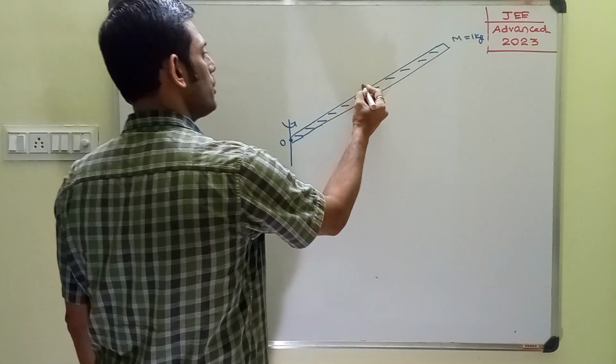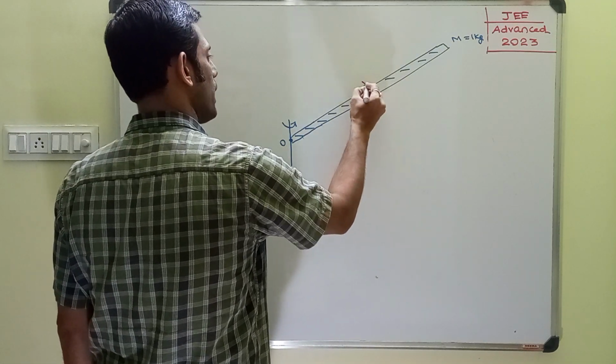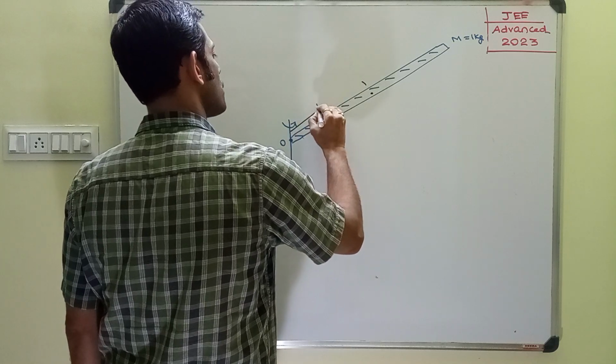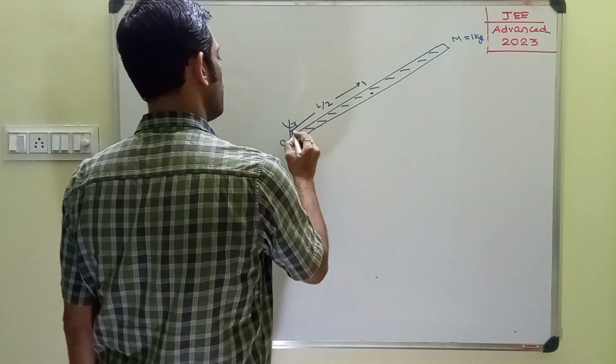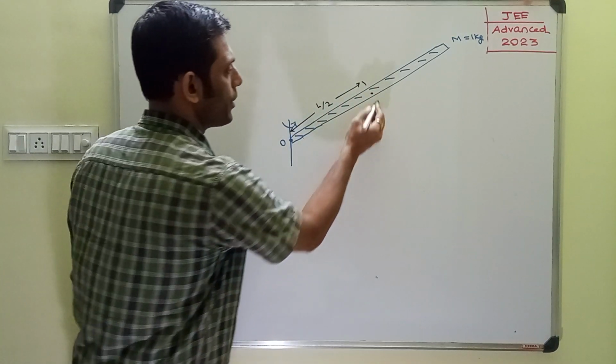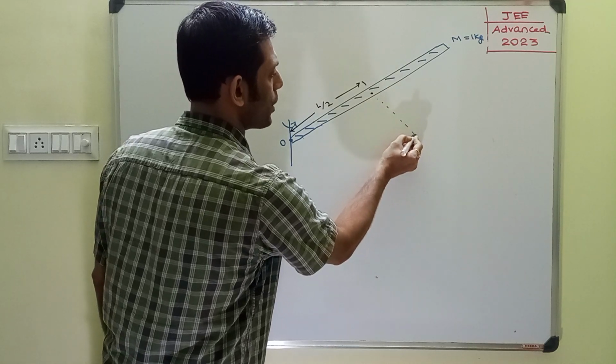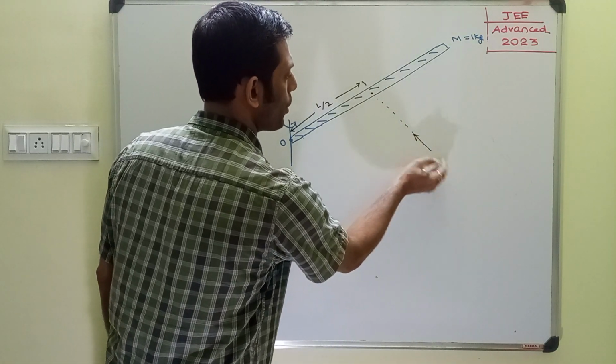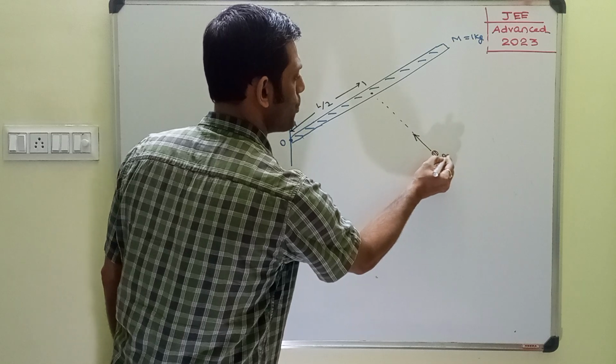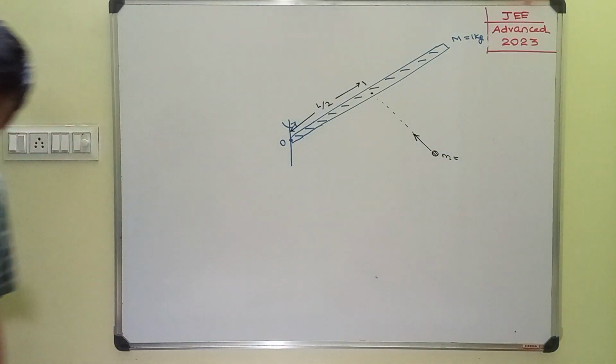Let's say this is the position on the rod at a distance L by 2 from the pivoted end, and the object is approaching the rod in this direction. This is the small mass, given as 0.1 kg.